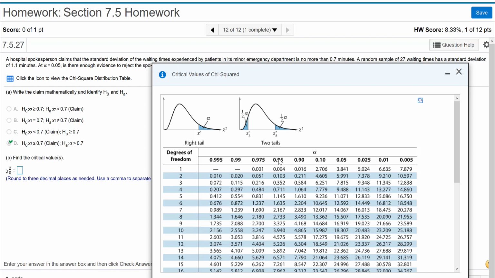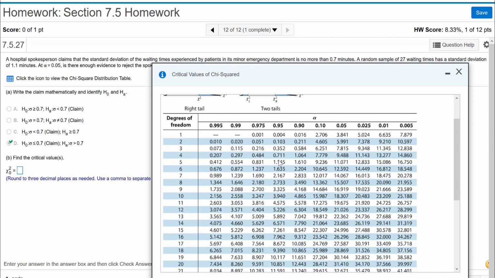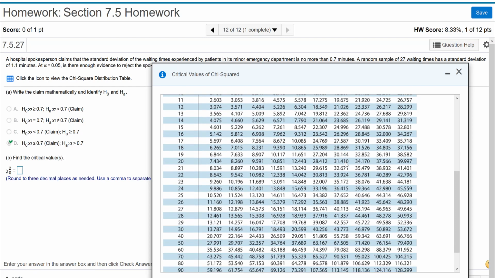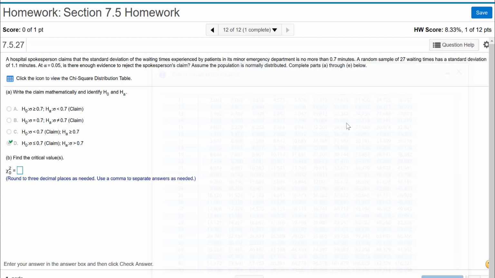So this is 0.95, coming down. So I have a 38.885. That's my region here.